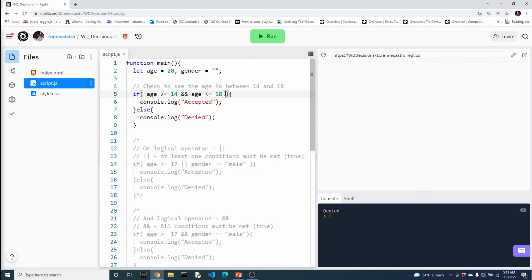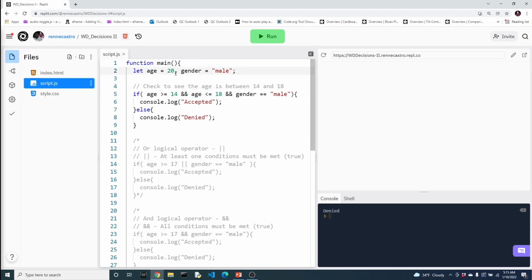Now, we can string more things along with this. So going back to the original statement that I mentioned, that you can actually string a bunch of these together. So how can we check for a male that's between the ages of 14 and 18? So again, you can see here, we're denied because this middle condition turns out to be false.